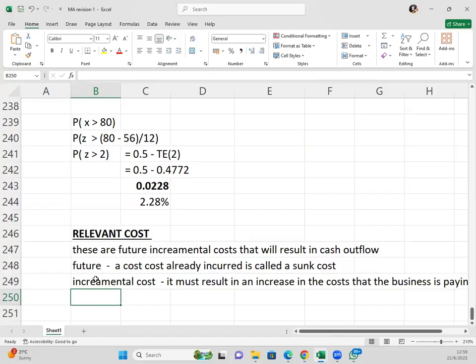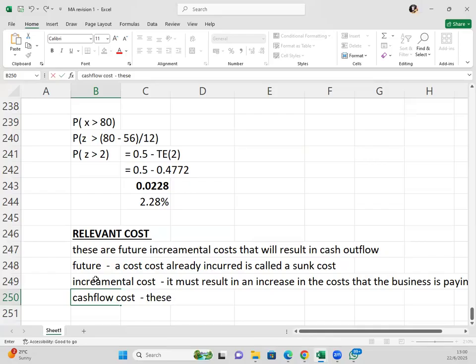Then the relevant cost must also be a cash flow cost. For decision making, relevant cost must be a cash flow cost. Like depreciation is not a relevant cost. Why? It's not a cash item. So relevant costs should result in us paying money.